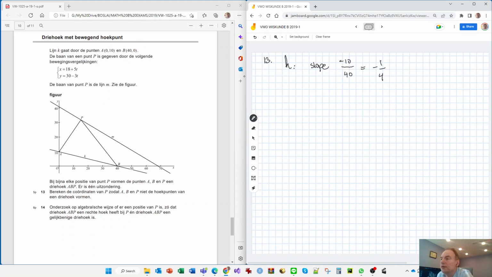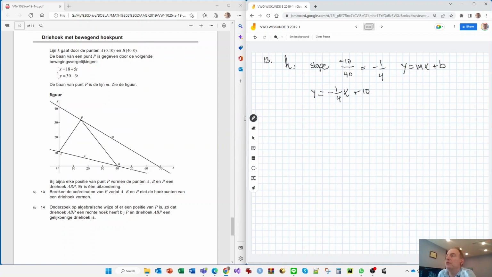That roughly makes sense. It goes down 10 over 40. And I also immediately know the expression of the line, because in slope-intercept form, y is mx plus b, where m is the slope and b is the y-intercept. So I get y is minus 1 over 4 x plus 10.